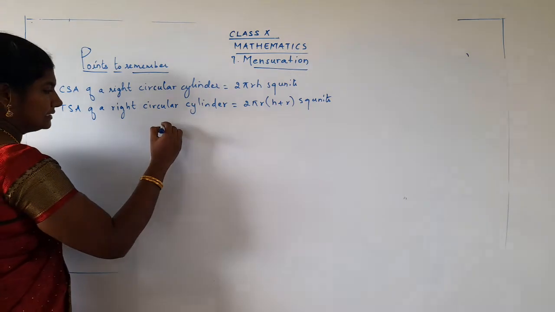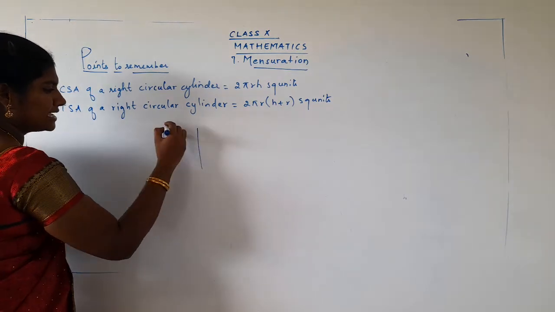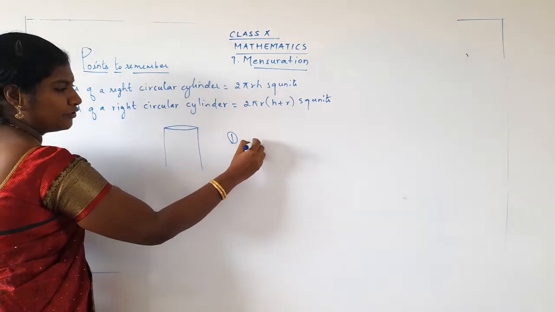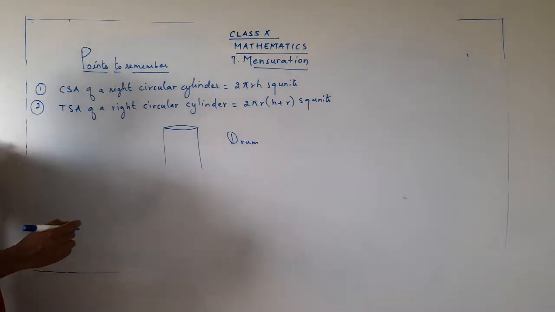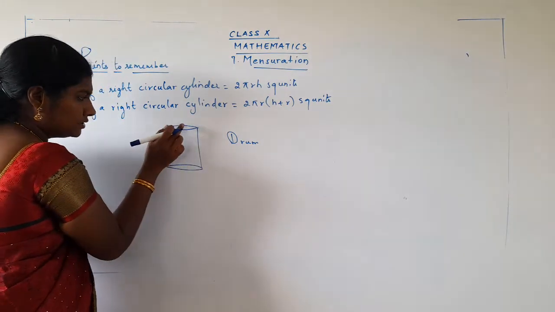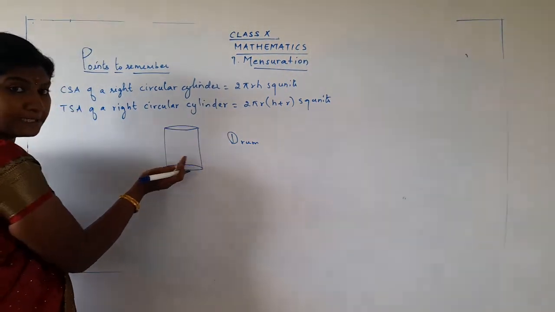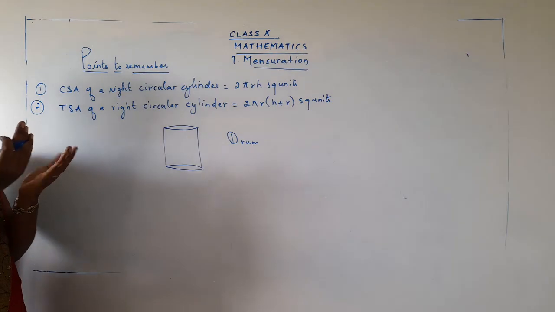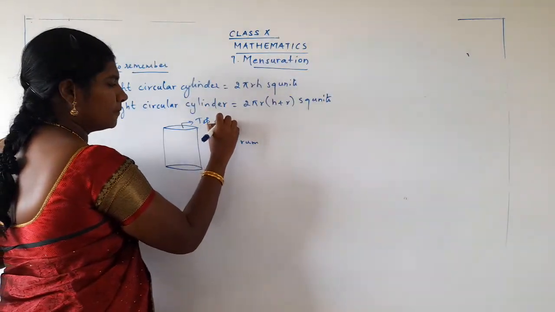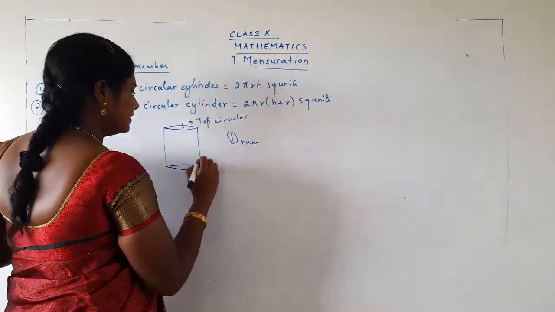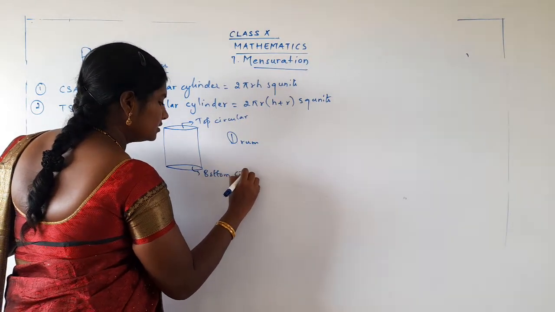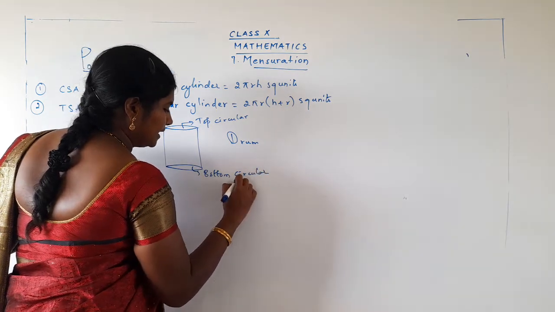Suppose I consider a cylinder. You know the examples for a cylinder; you can say a drum is an example. If you have a cylinder here, the top part and the base part are in the form of a circle, so they are the circular bases. I'll call this the top circular base and this the bottom circular base.